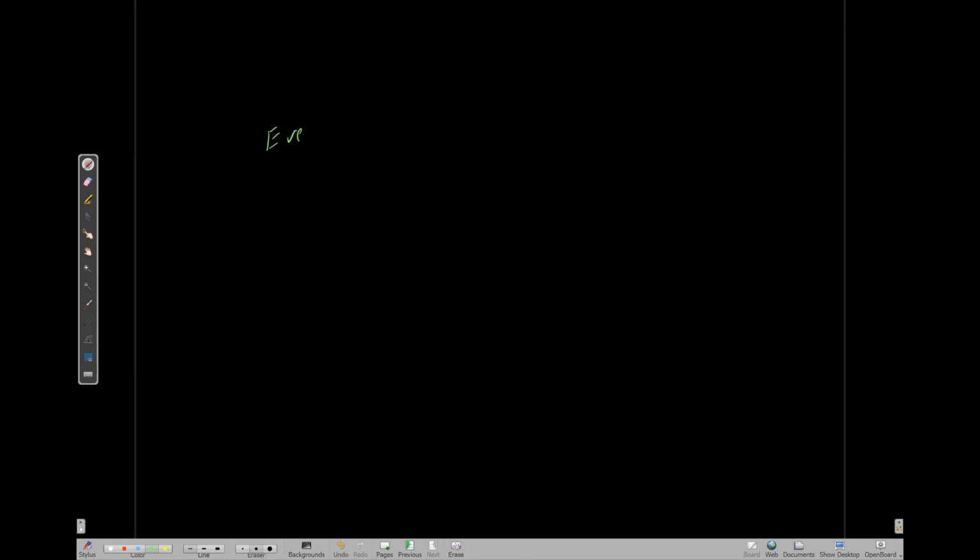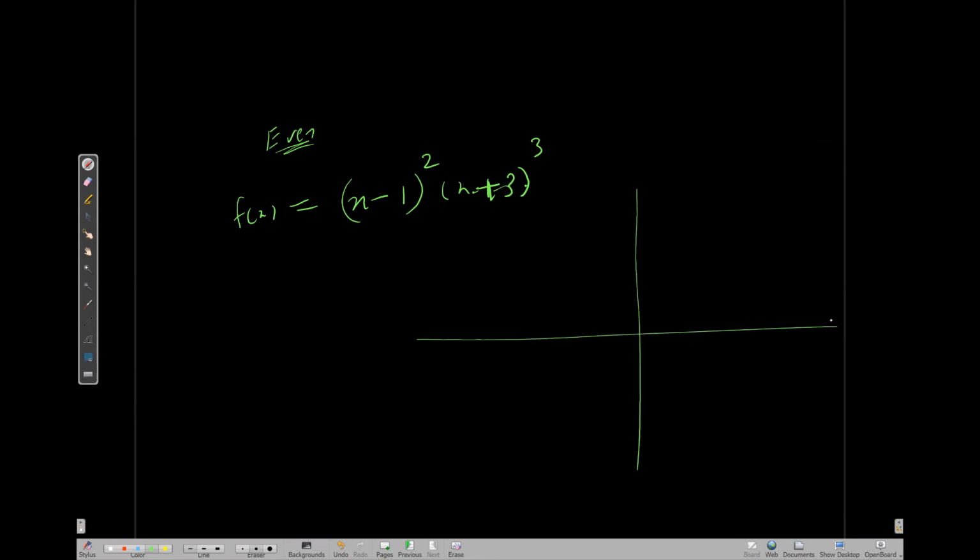Let's say even, and let's say you have f of x equal to x minus 1 squared, and some other terms, blah blah blah, x plus 3 to the cube. Let's say this is the function. Now zeros are 1 and negative 3, so 1 and negative 3 somewhere here.